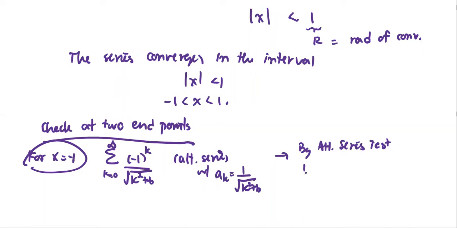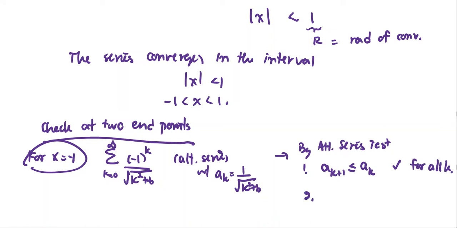number 1, we check whether a_{k+1} is less than or equal to a_k, which is the test of non-increasing. As we see, the numerator is 1 and the denominator changes with the k value, so we can see these as non-increasing terms for all k.